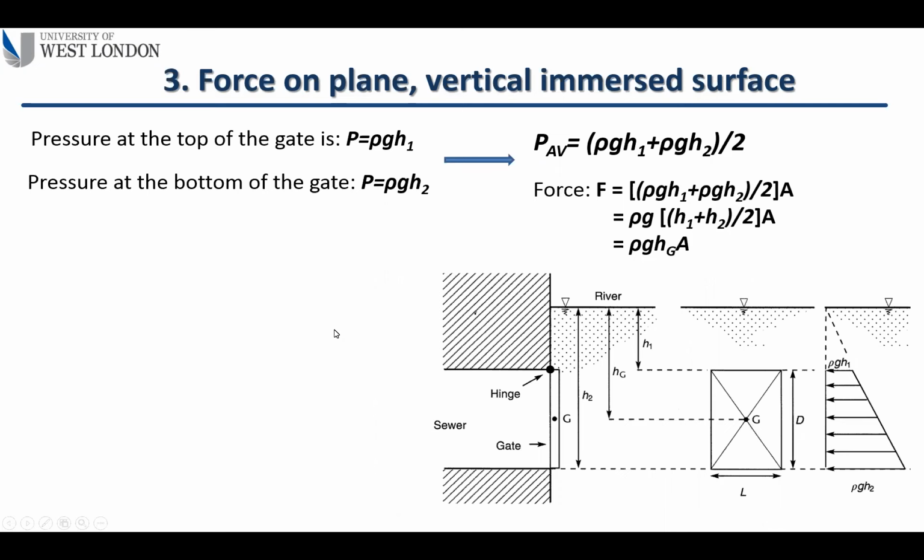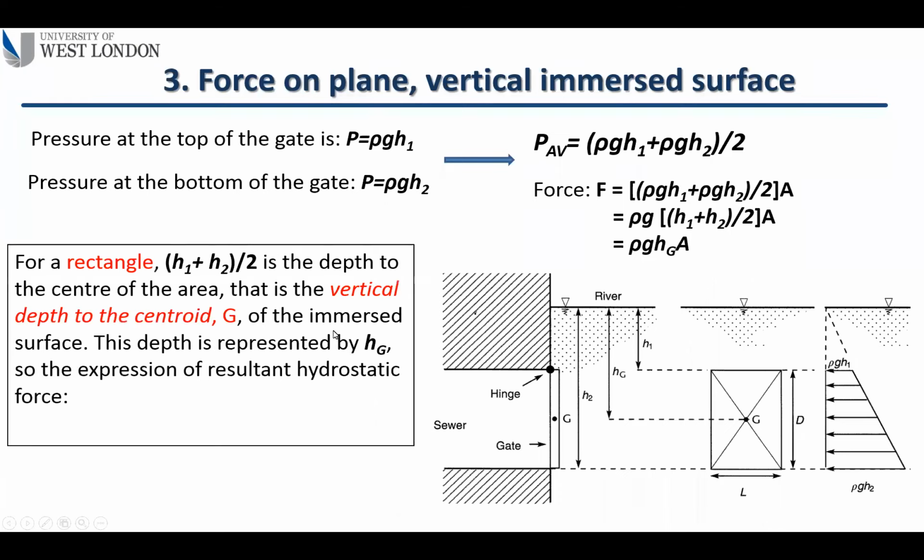The second way of calculating the force, for a rectangular shape like this one, is this. We know the average of the pressure at the top and the bottom, h1 plus h2 divided by 2. The depth to the center of the area we can call the vertical depth to the centroid, and we denote it by hg.